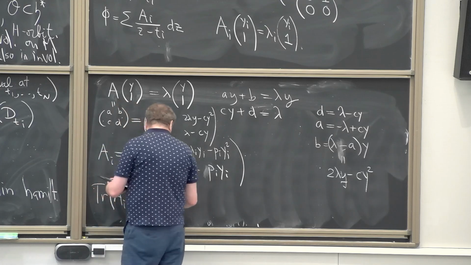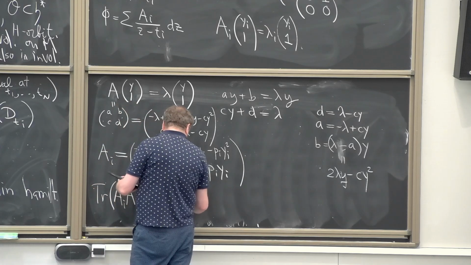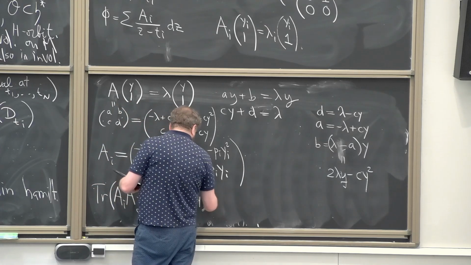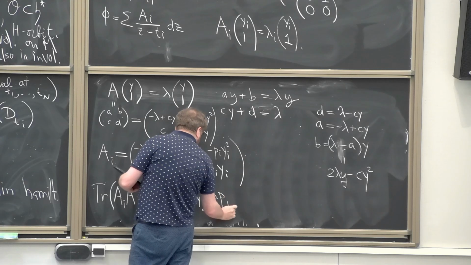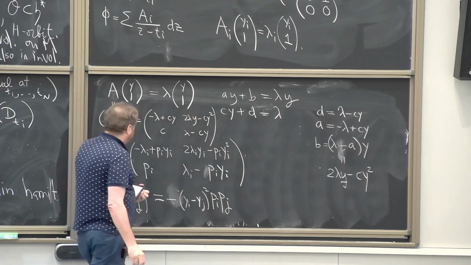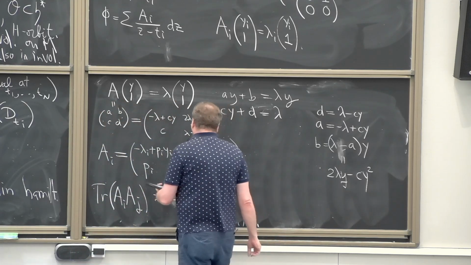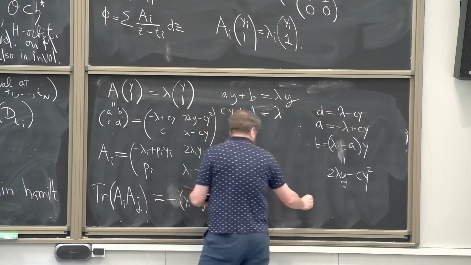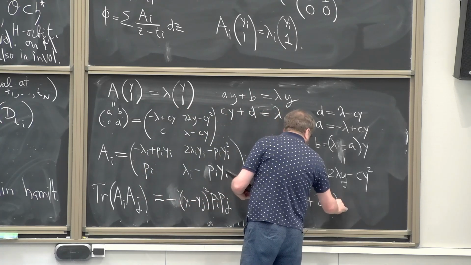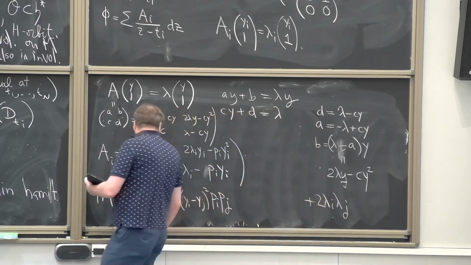So the usual thing, minus (y_i minus y_j) squared p_i p_j. This is without the lambdas. Then there is a quadratic part, and this is going to be twice lambda_i lambda_j, which is just a constant, so it doesn't really matter.